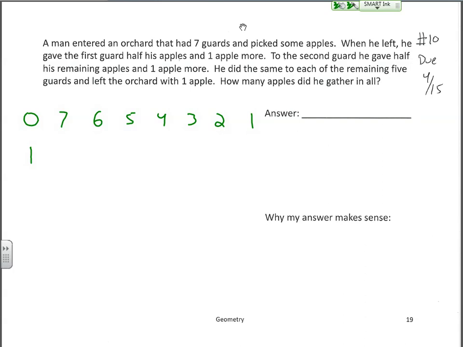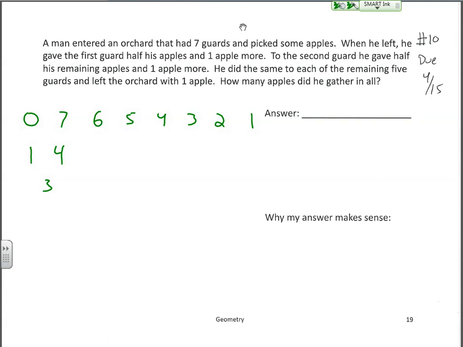So for starters, you know that all of your answers working your way back to the original number of apples you picked all have to be even, because you can't give half of an odd number of apples. It turns out that you had 4 apples when you approached guard number 7, because giving the guard half of your apples, 2, plus 1 more, 3, you gave that guard 3 apples, and so you're left with 1.